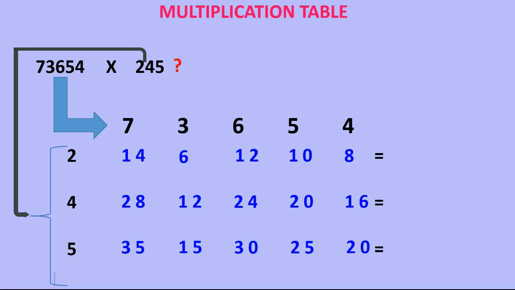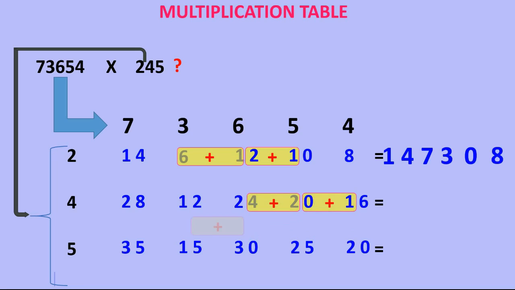So now what you have to do is, like the old method, we do the multiplication in the table trick. Same multiplication you have to do. 8 you have to write as it is. 0 as it is. And then 2 plus 1 is 3.